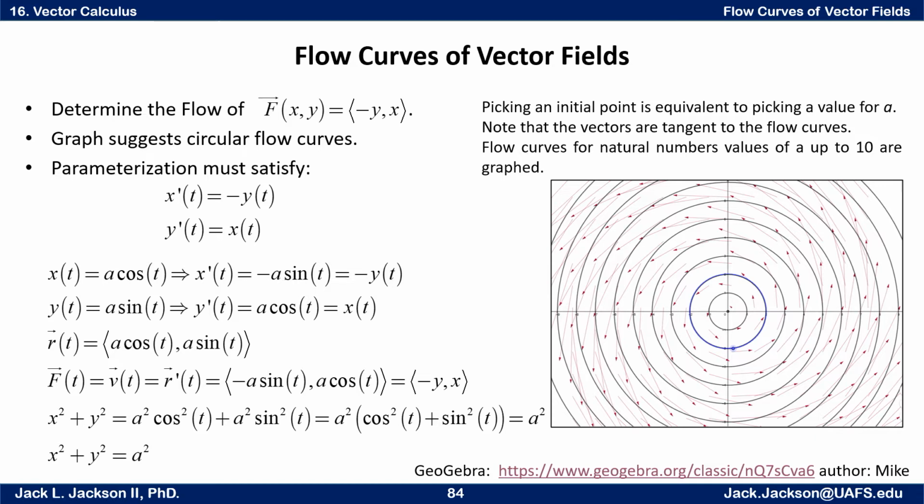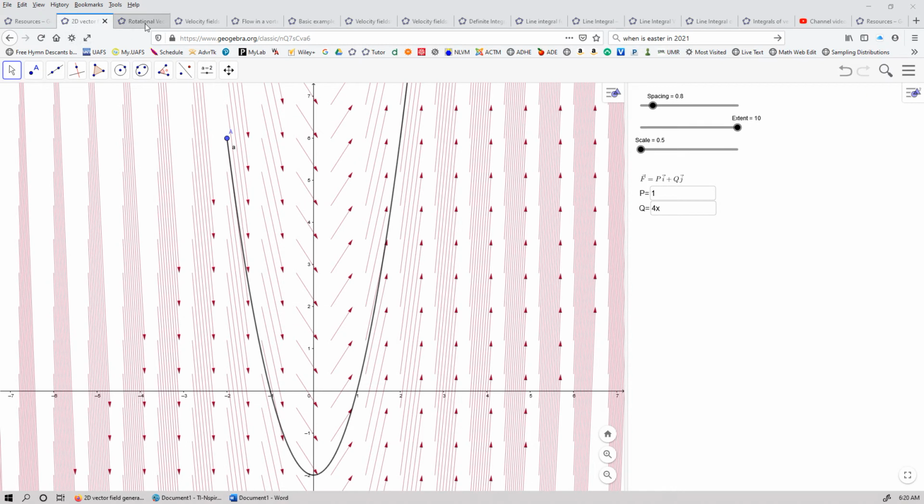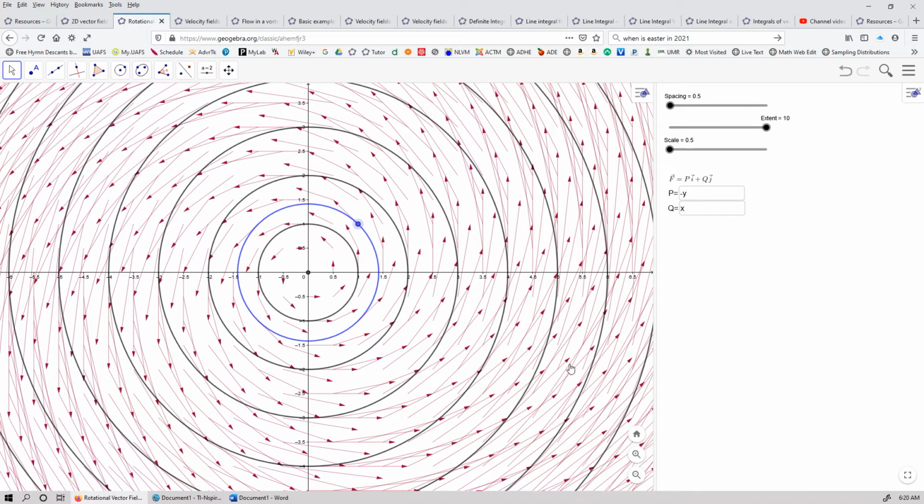So the flow curves are going to be centered at the origin, and the particles are going to flow around this thing actually in the positive direction, counterclockwise, centered at the origin. I've graphed some of them here from, say, 0 to 10. Okay, so let's take a look here at the vector field there, negative y i plus x j is our vector field.